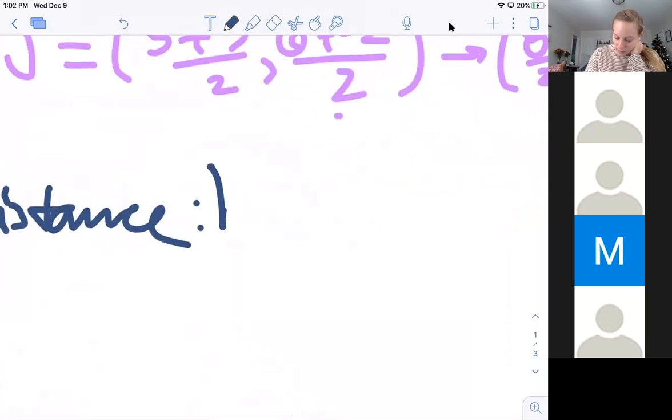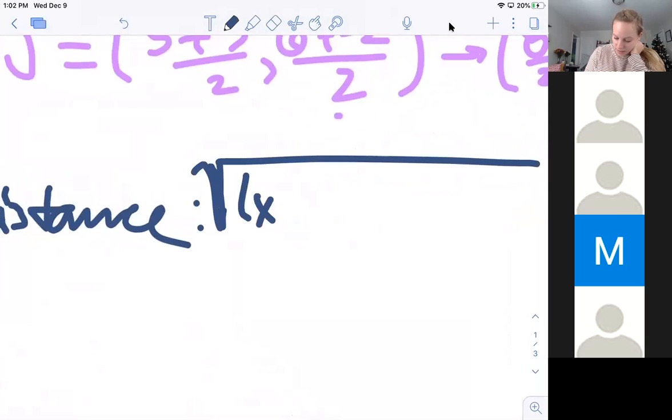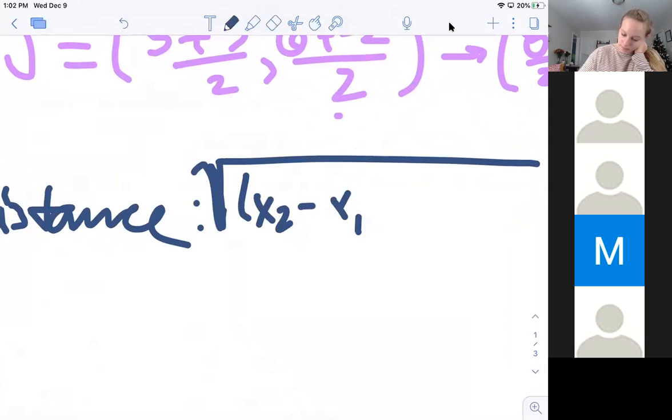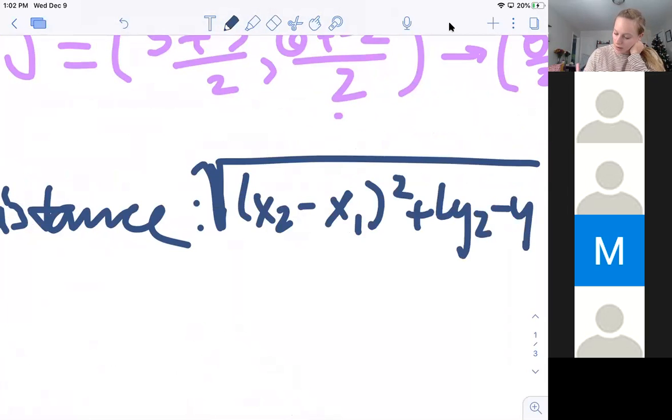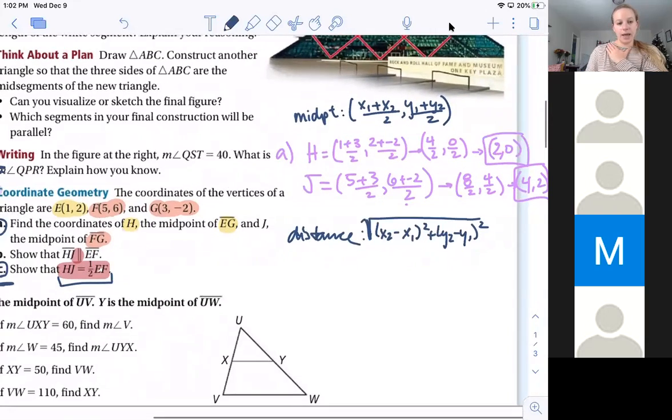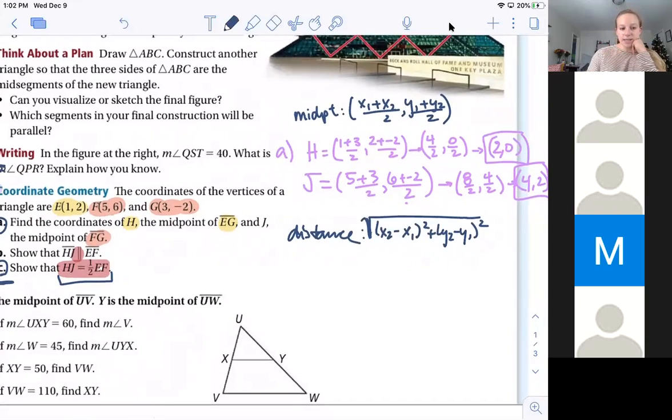Remember, the distance formula is the square root of x2 minus x1 squared plus y2 minus y1 squared. And I need to find the distance HJ and the distance EF.